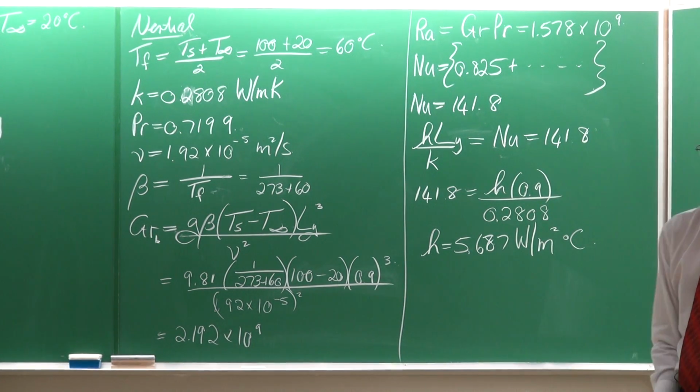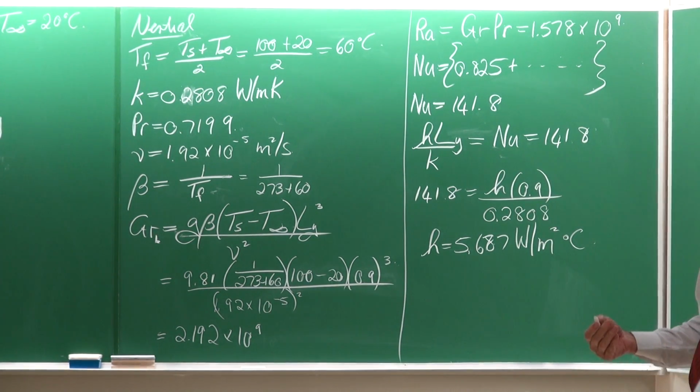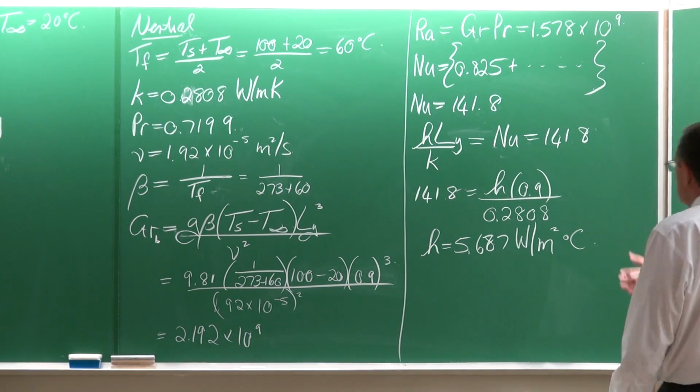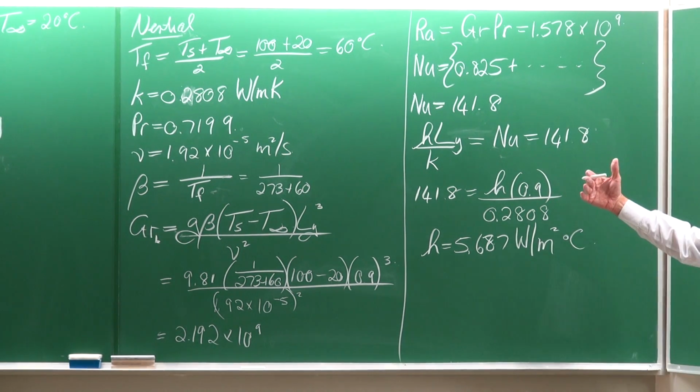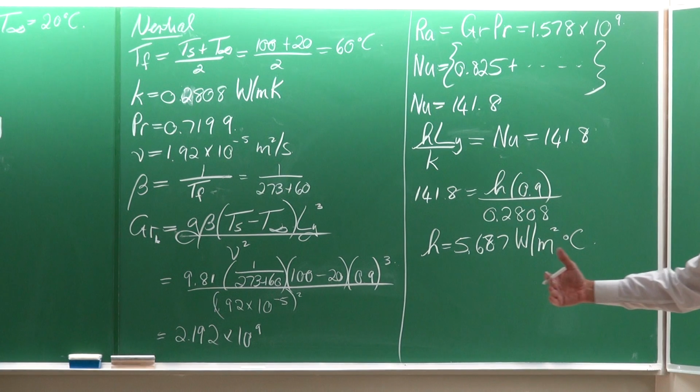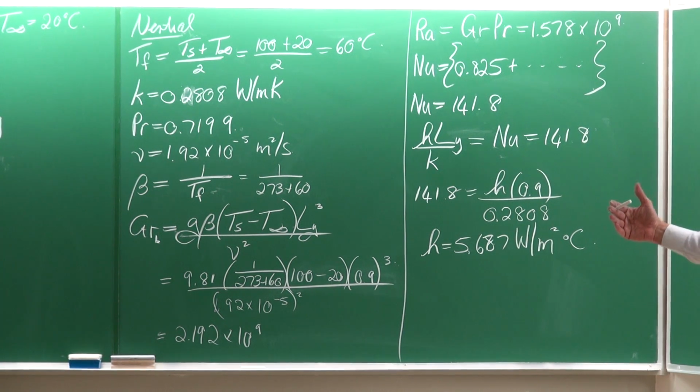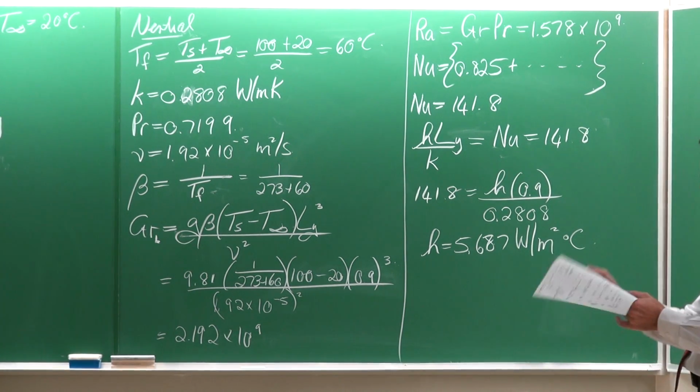When you calculate the heat transfer coefficient, always ask yourself, does it make sense? In this case, yes. For natural convection, heat transfer coefficients are up to about 10, 20, very low values. Not in tens of thousands. Boiling, condensation, evaporation, then you will have values like that.